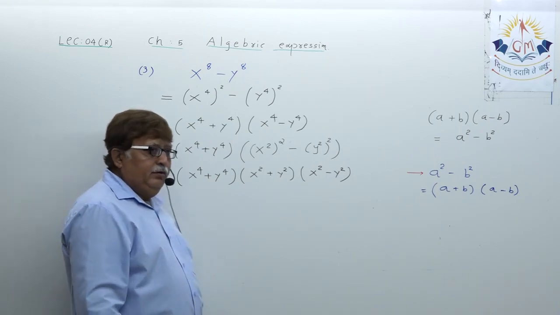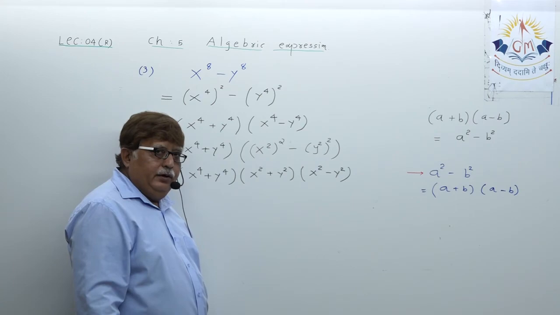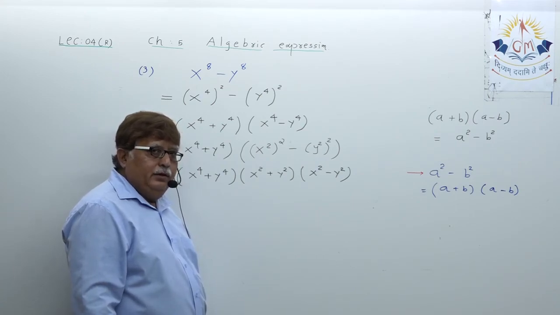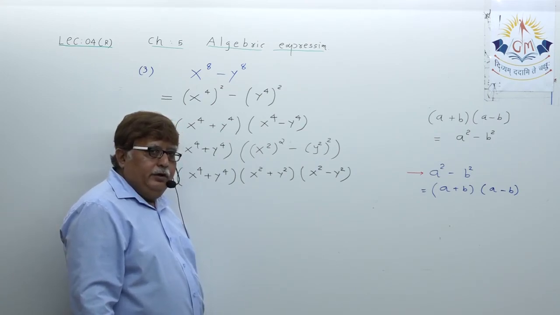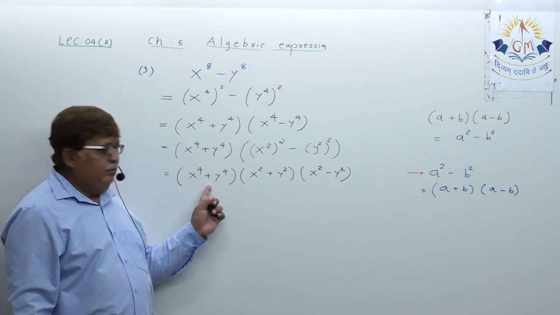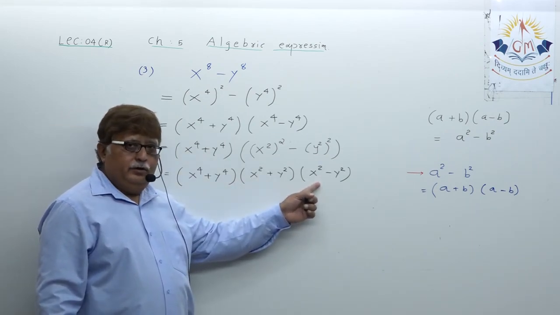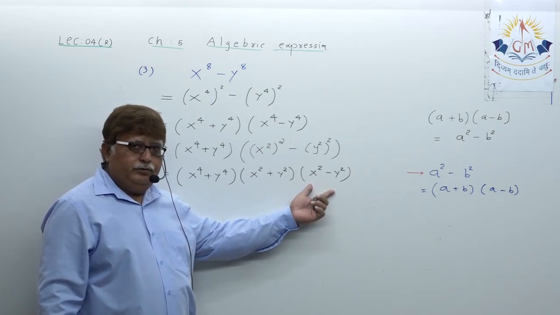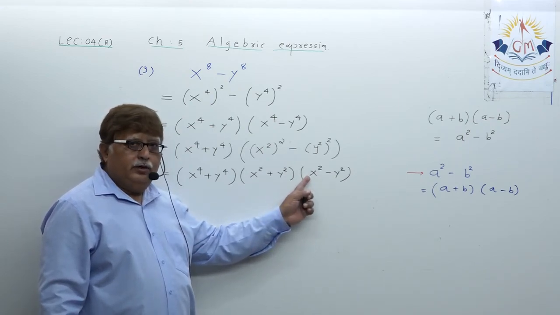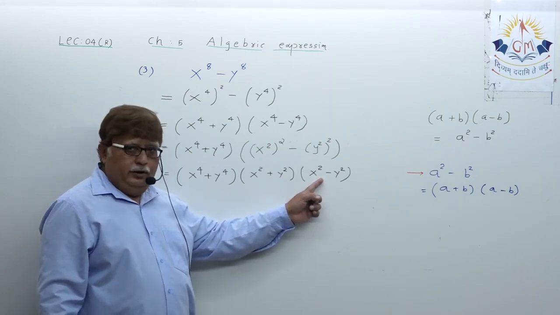Now again, the clue point. Is there any bracket where the application of the identity is still possible? Here no. Here no. Is it here? Two terms. Both are perfect squares. Definitely, in between there is a negative sign.